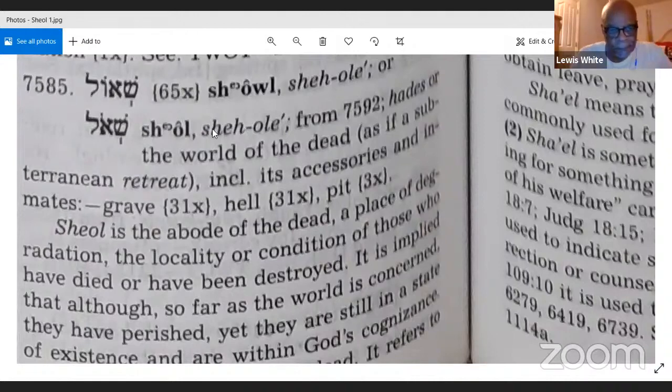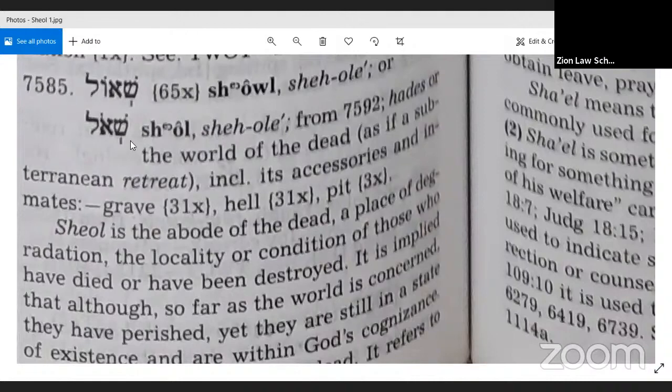So first thing we'll do is begin with the reading of the first line. It says from 7592. As we deal with in the course on the Saturday class, we need to go back and look at the meaning of 7592. Did we do it already? I don't remember. We'll do it again.